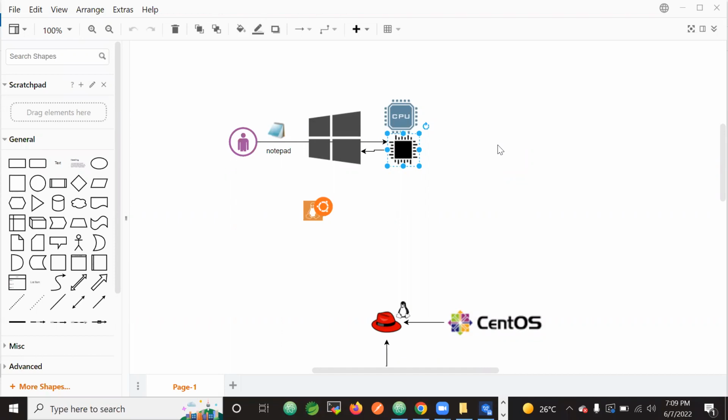That means you require an interface which will interact with you, take the instructions from you, use the hardware resources, and make that instruction responsive to you. For example, we open our mobile and click on the Chrome browser.